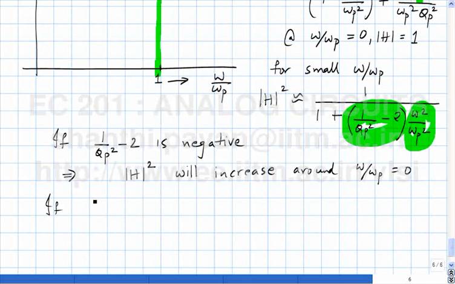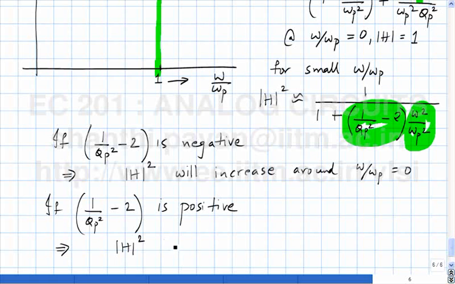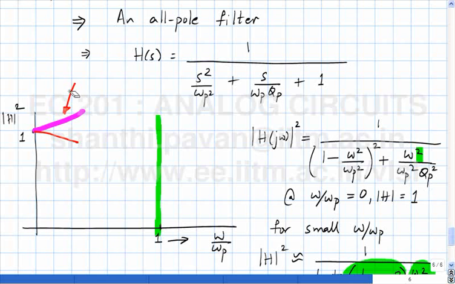On the other hand, if 1 over qp square minus 2 is positive, what can you say? Mod h of j omega square will decrease around omega by omega p equal to 0. This corresponds to a qp of value less than 1 by root 2.